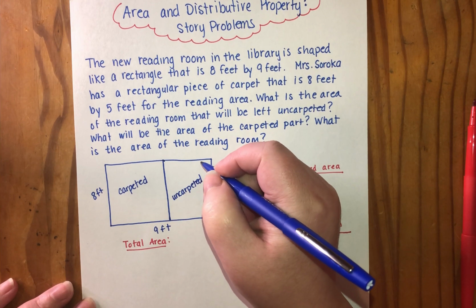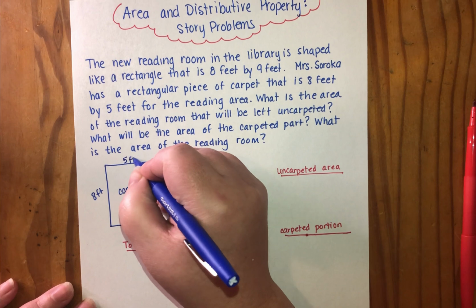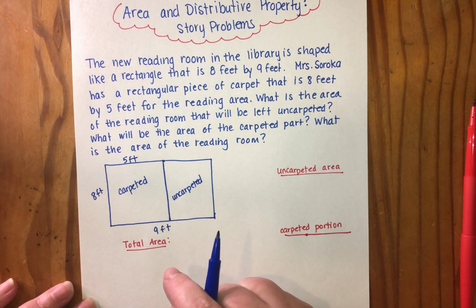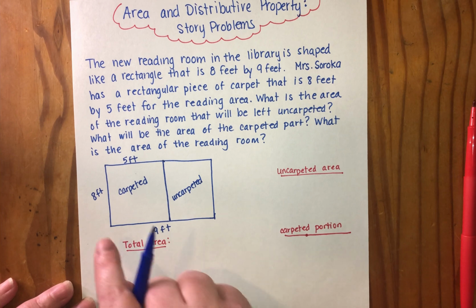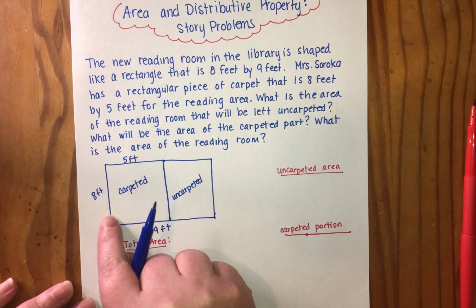Since we know that the carpet area has side lengths of 8 and 5 feet, we know that we need to break up the side length that is 9 feet on the larger rectangle, since one side has the length of the smaller rectangle that's the same as the larger rectangle.